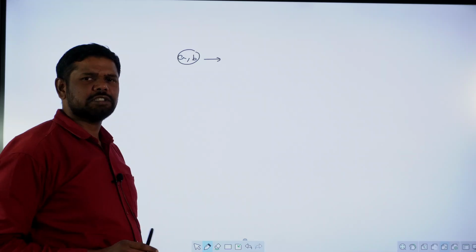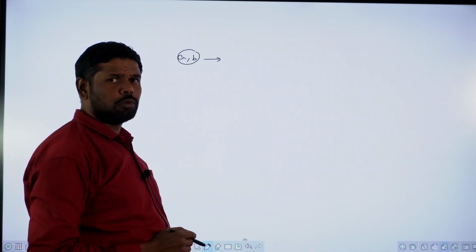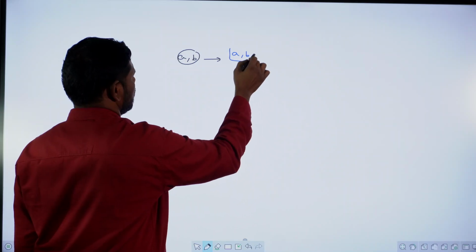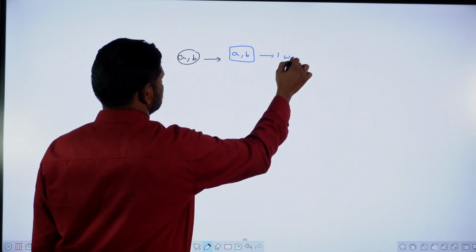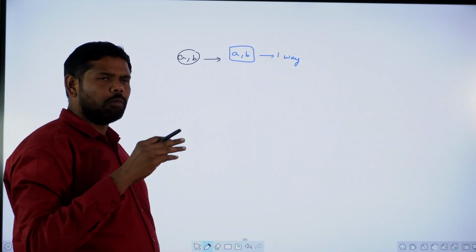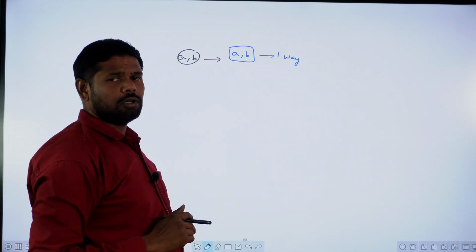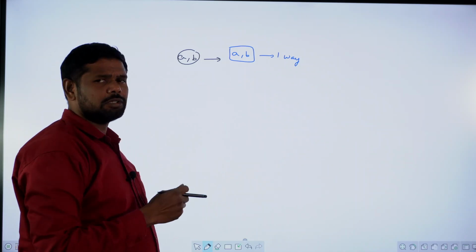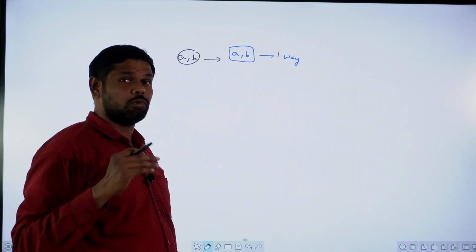In how many ways can we choose two at a time? AB, just one way. BA also is the same group. AB or BA, both are the same. We are choosing just those two persons.